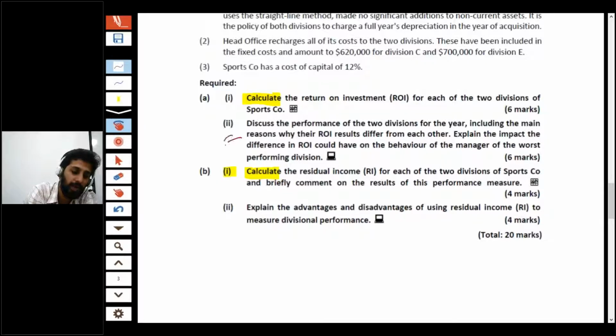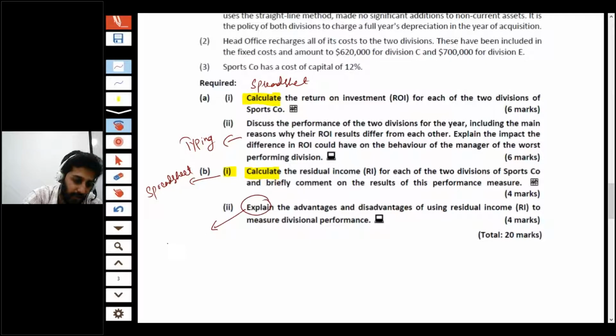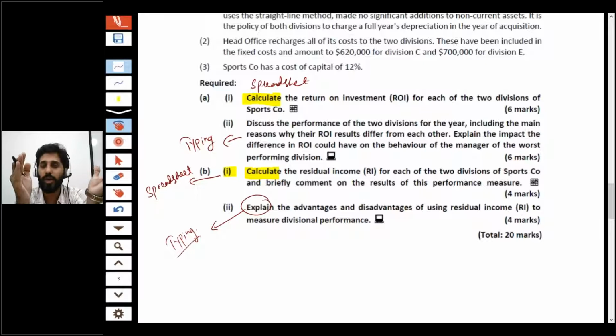I will be typing over here in the spreadsheet, and in a single spreadsheet we will be solving both the requirements, right? Obviously it will be typed. Remember that you will be receiving the same kind of window in your real exam. You don't have to worry about it.